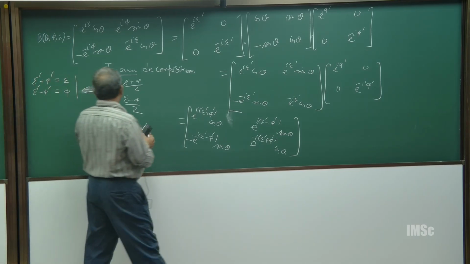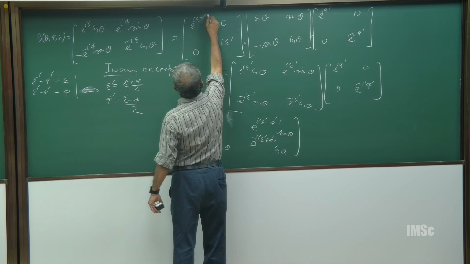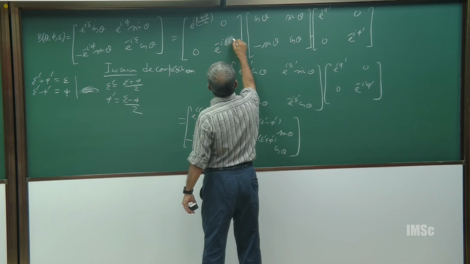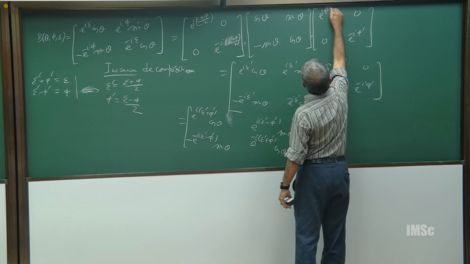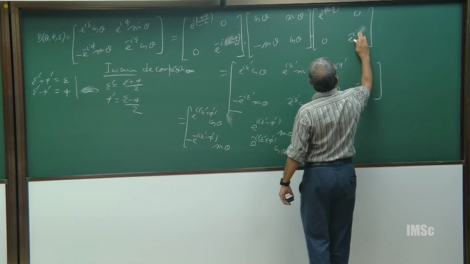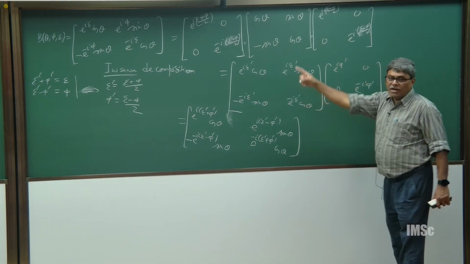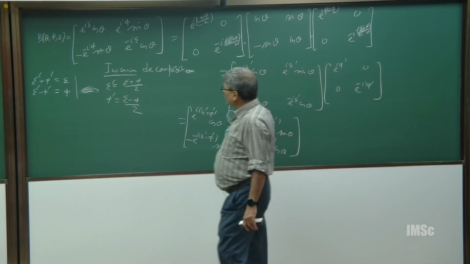So, therefore, I can replace it by epsilon plus phi by 2, epsilon plus phi by 2, epsilon minus phi by 2, epsilon minus phi by 2. Is that okay? So, I have a solution, right.